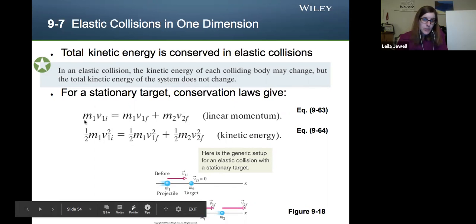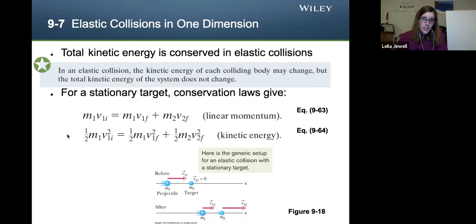And similarly, because it's an elastic collision, we can set our kinetic energy initial equal to our kinetic energy final. This is what we did in lab when we looked at some elastic collisions. Only difference here is, in some cases you had the target at rest, but in other cases the target had an initial velocity. In those cases you would need to add that extra 1/2 m2 v2i squared to the left side of the equation.